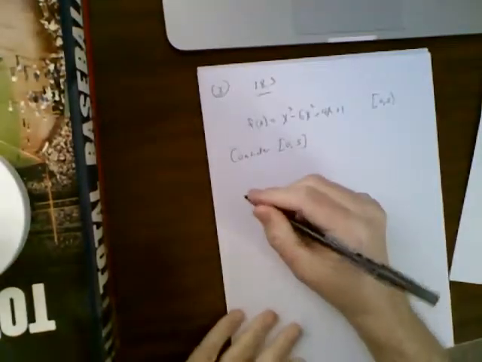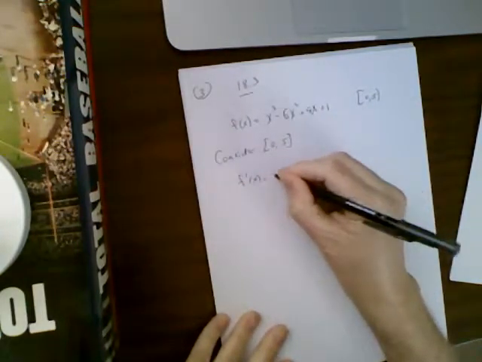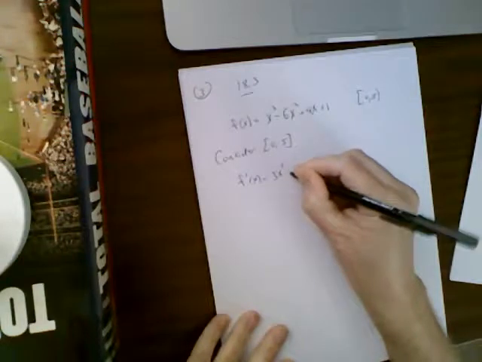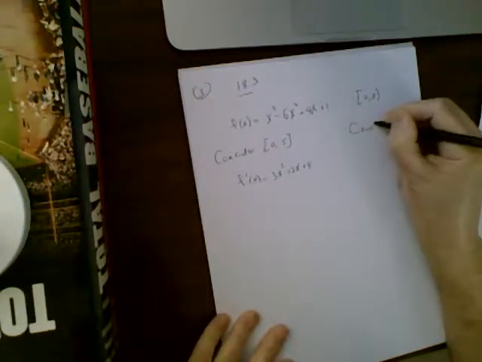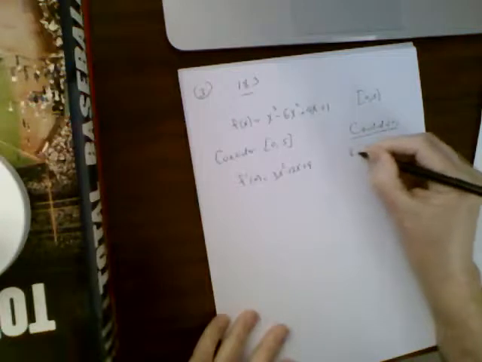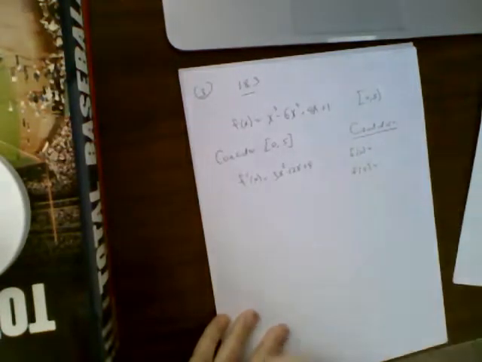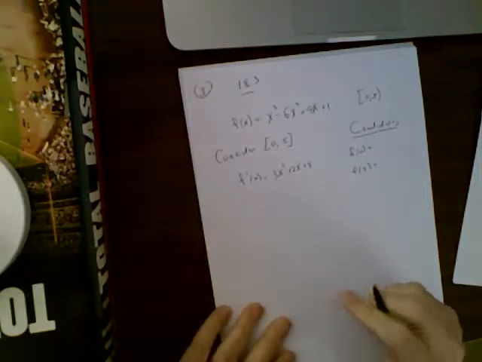I hope that's better. So f prime is 3x squared minus 12x plus 9. And remember, our candidates are going to be the endpoints. So we'll have to look at f of 0. We'll have to look at f of 5. And the other candidates are where the derivative is 0.